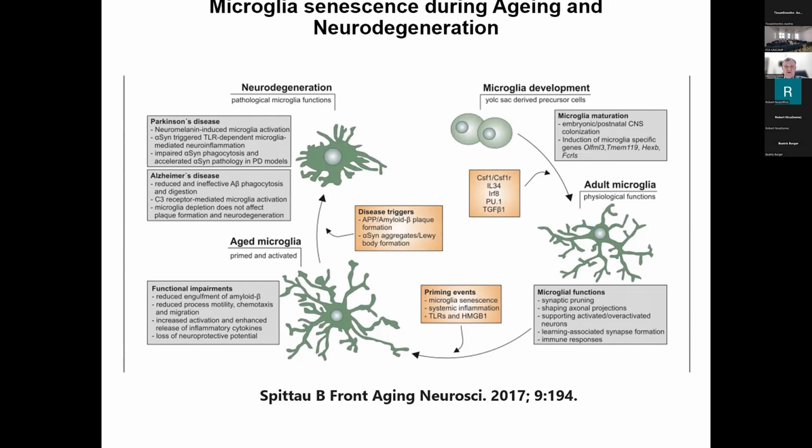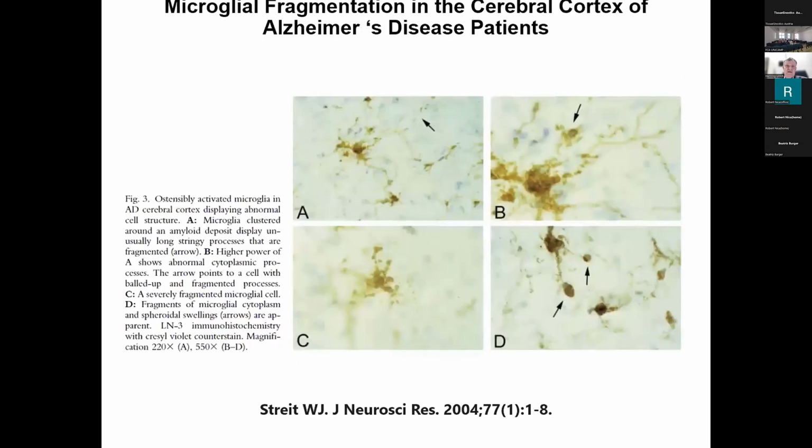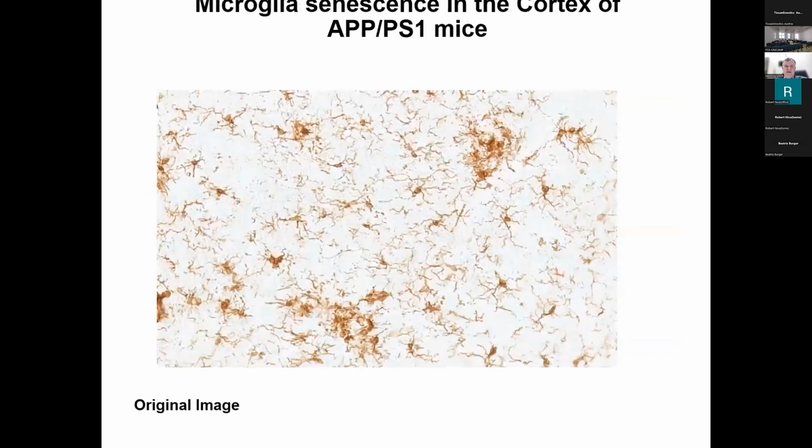This I will show you in the next slide: fragmentation of microglial cells, for example, in the cortex. And we imaged this with TissueFAXS. You can see here we have an IBA1 staining in this APP-PS1 mouse, where you see stained the activated microglial cells as an original image.